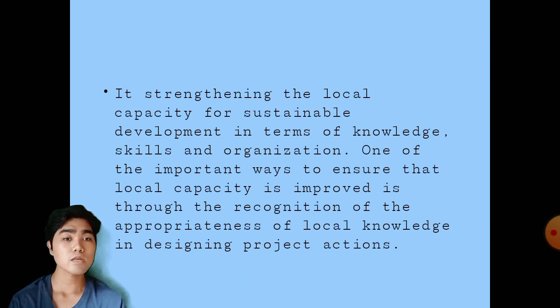One of the important ways to ensure the local capacities improve is through the recognition of the appropriateness of local knowledge in designing project action. So it results in higher level of understanding and reasoning. The development of critical thinking also.